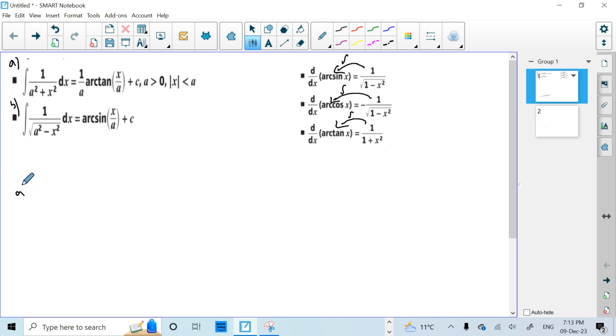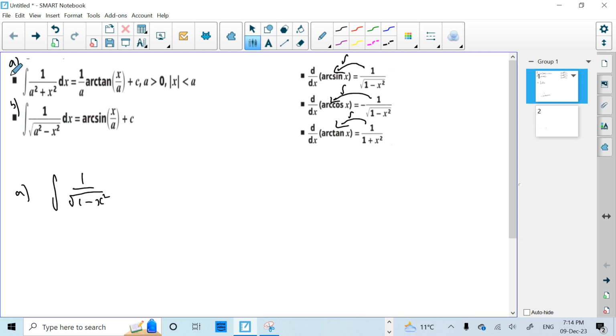So let's have a look at A, which is going to be the integral of 1 over the root of 1 minus x squared, because we've got two results here, arc tan x and arc sine x. So let's deal with the arc sine x.